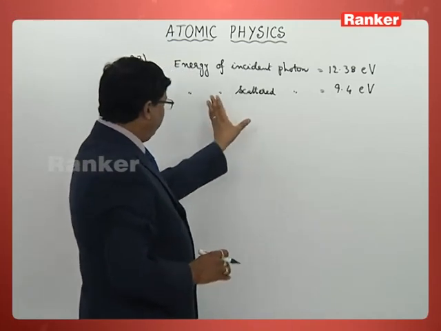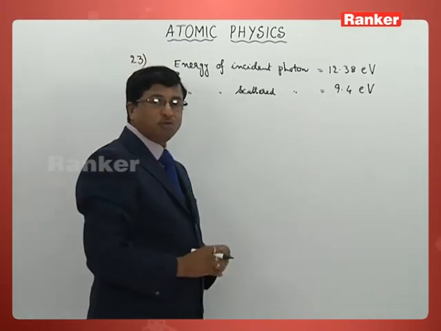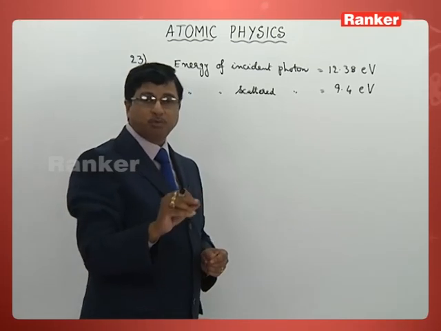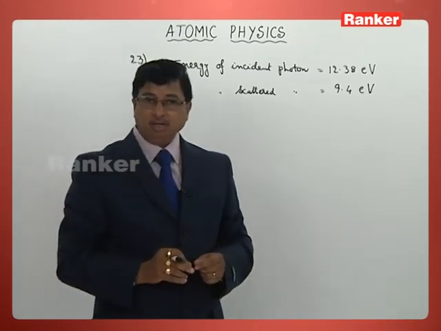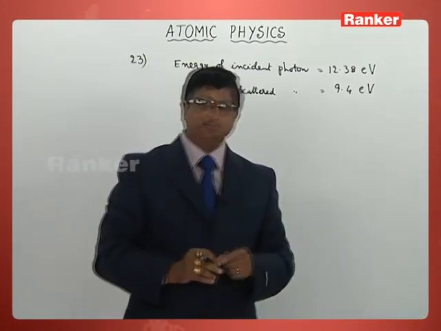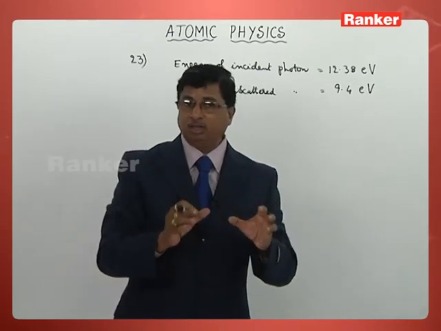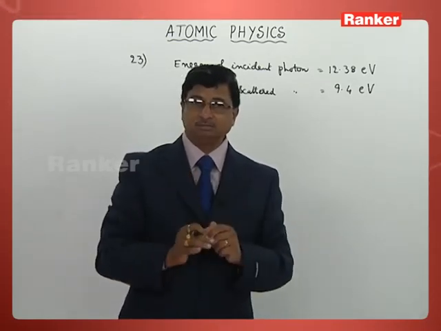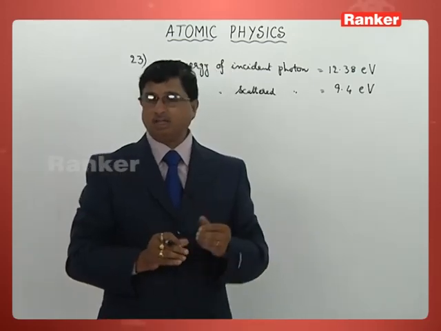Now what is the question he can ask? You can directly understand from these two values. What would be the energy of the recoiled electron? What is the energy of that recoiling electron he is asking? So look once again at the question I read out.